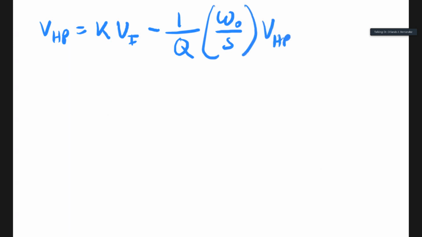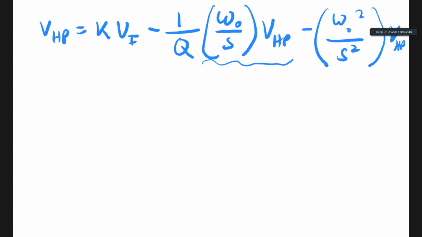So this is exactly the output of the summer. And this term would be the output of the first integrator, the output of the second integrator, and this is just a gain.